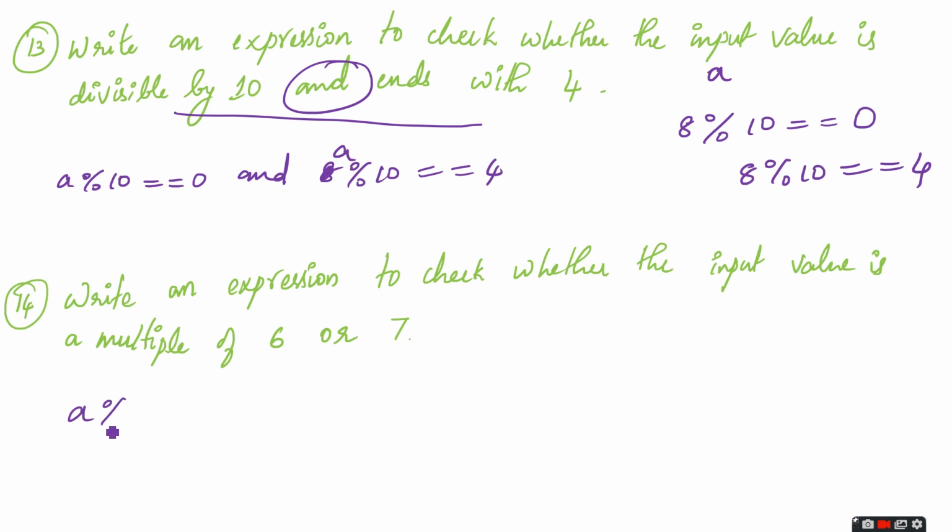So when a is divided by 6, the remainder should be equal to 0. They have given the condition or, we have to check whether it is a multiple of 6 or 7. So we can write or here. Then we can write a mod 7 equal to 0. In this way, we can write expressions in Python.